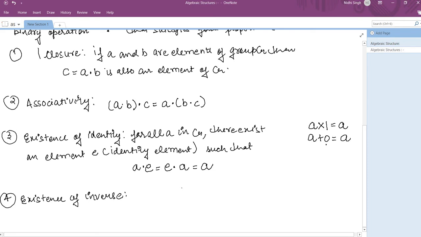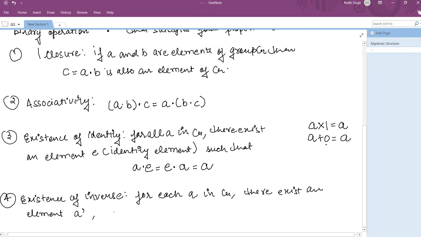So for each A in G, there exists an element A dash, meaning inverse of A, such that A binary operation with A dash, or A dash binary operation with A, gives you the identity element.